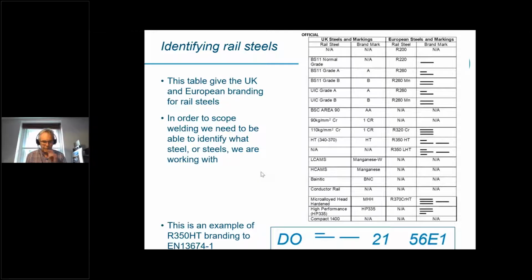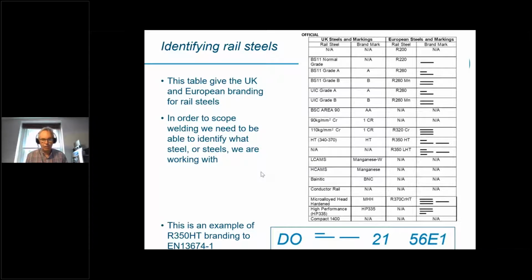The key point to note is that establishing the rail parameters as part of the scoping work includes the rail steel, the rail section, the amount of wear, and the proximity of previous welds and joints. Clearly, if you don't establish this at the work scoping stage, you're going to end up with a poor plan.